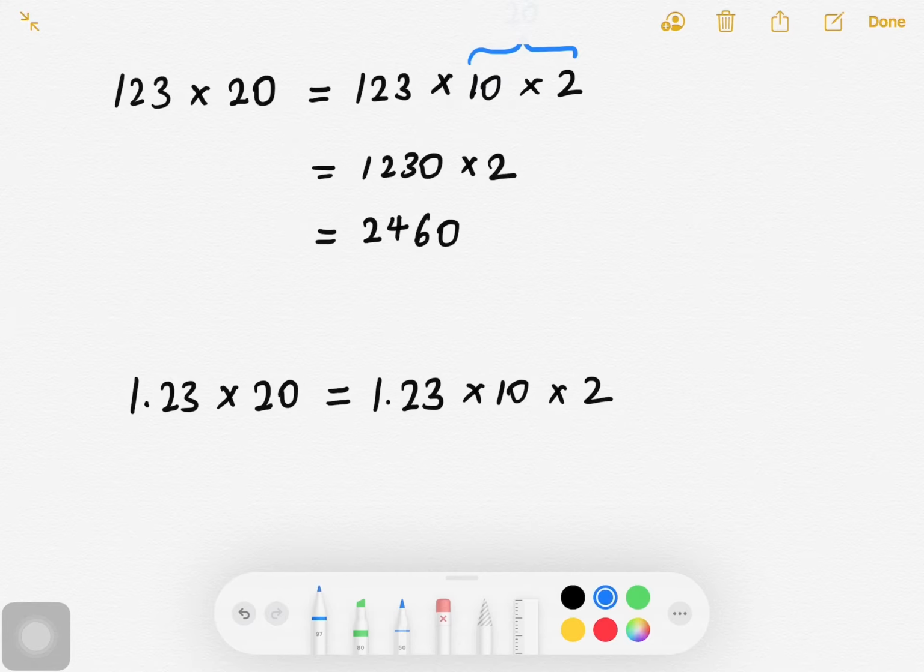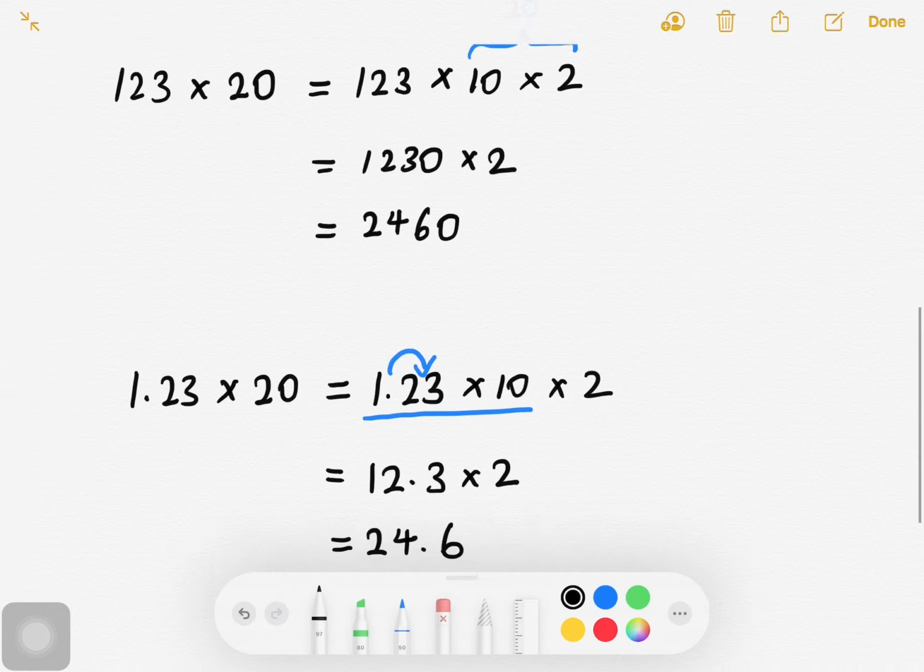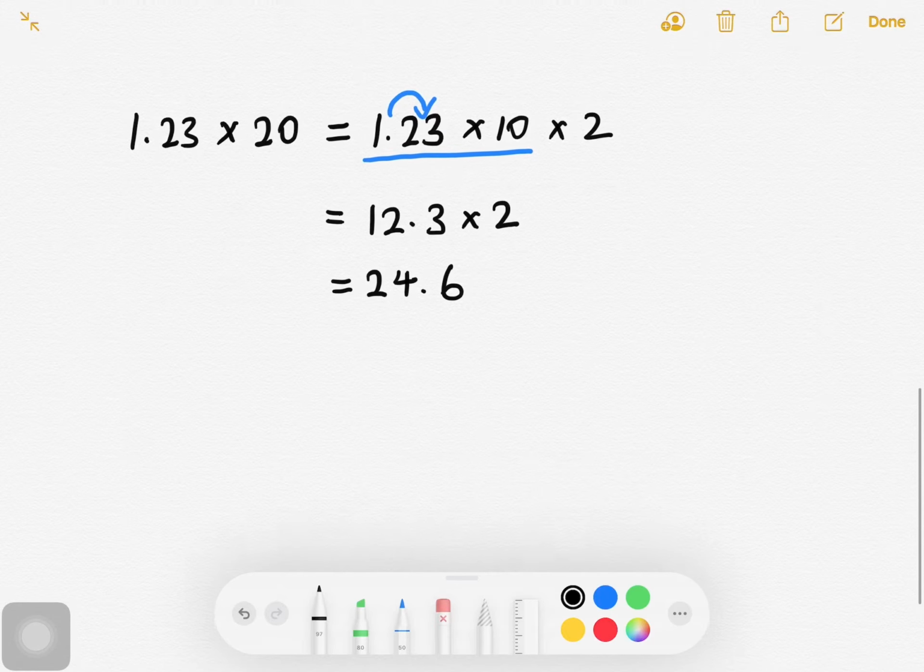When I multiply a decimal by 10, I shift the decimal point one place value to the right. So I get 12.3 times 2, and 12.3 times 2 is 24.6.